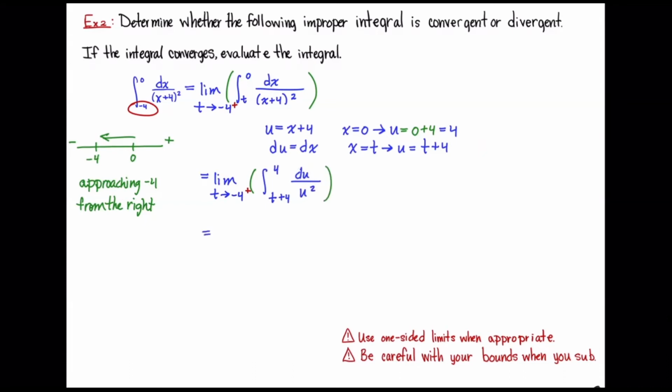This is equal to the limit as t approaches -4 from the right. I just keep putting it in red as a reminder to not forget it. And integrating du over u squared, that gives us -1 over u. Switch that to blue. -1 over u from t plus 4 to 4.